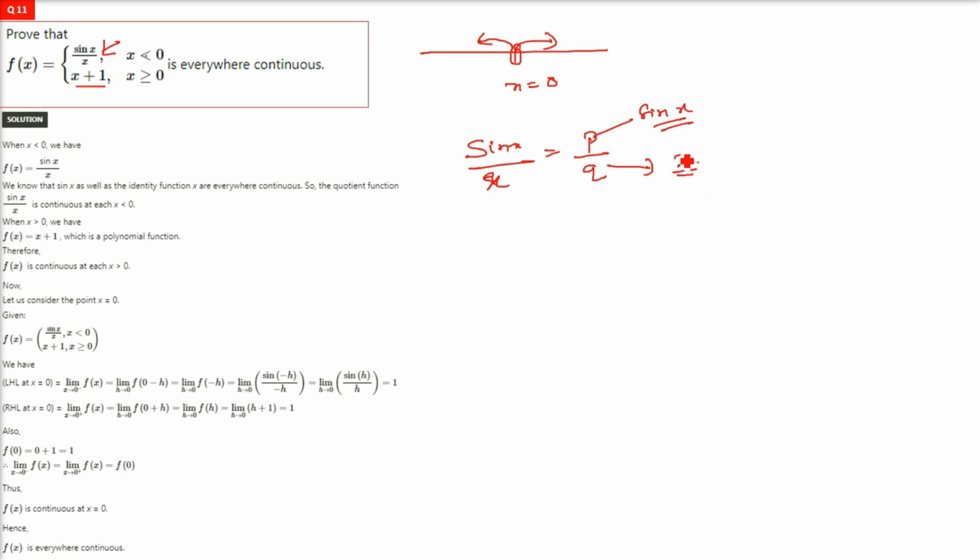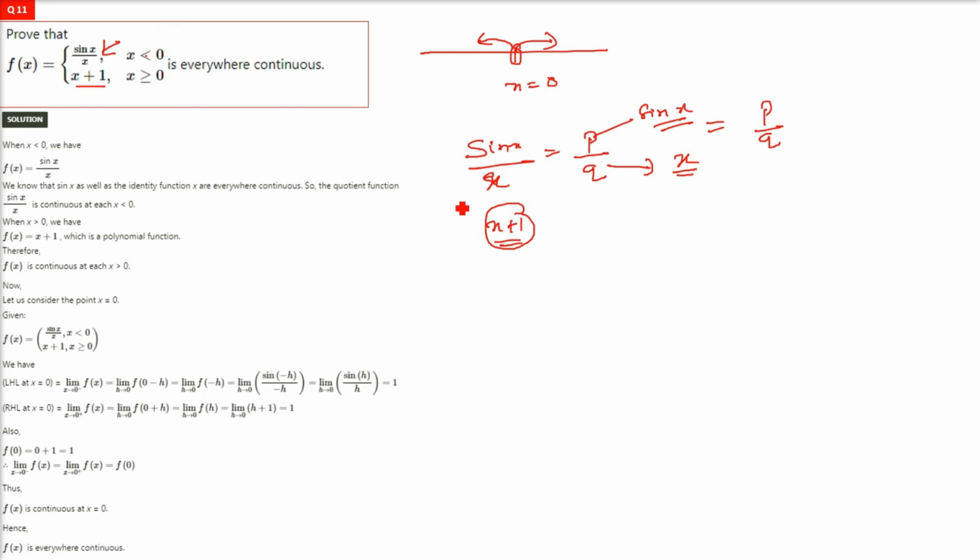So x is an identity function, sin x is a trigonometric function. They both are individually continuous everywhere. So the division, that is the quotient function sin x by x, this also is continuous at each x. Okay. x plus 1 is again a polynomial function.